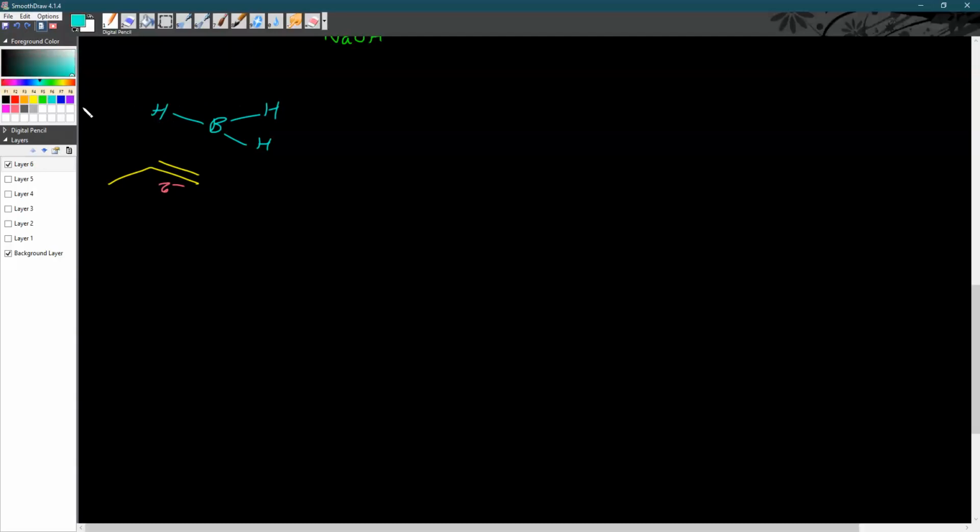Well, if we look, boron actually is more electropositive, or we could say it's less electronegative than hydrogen. So what's happening is that this hydrogen is more negative than the boron. Now, what I want you to know is that this is the only instance where hydrogen has been the negative thing in any of our reactions.